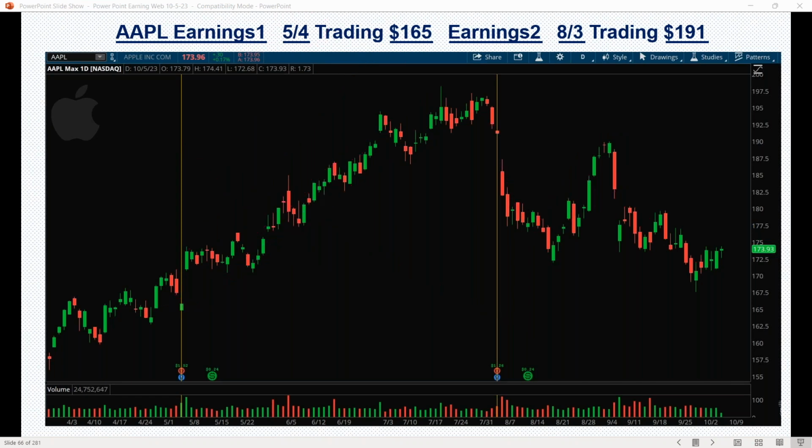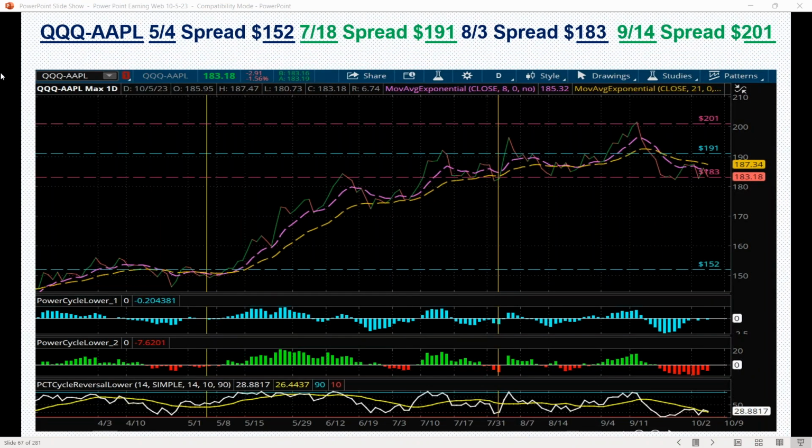So here's the spread. This is amazing. This is what's really cool about spreads. Just bear with me and I'll walk you through it. Typically I could have done it the other way around, but I usually like to do the spread where you're long QQQ, short Apple, or you could look at it on a graph as Apple short, QQQ long.